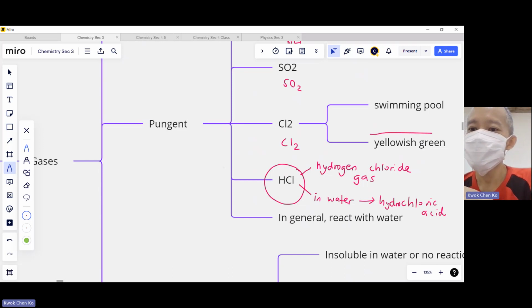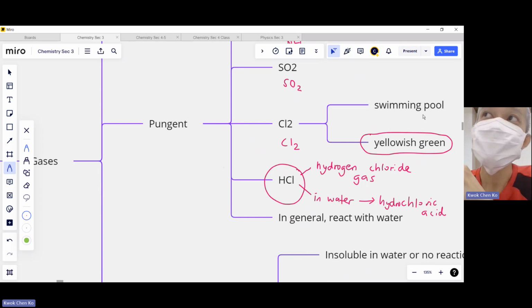Take note of the color for chlorine. Now, this is what it smells like: swimming pool, because they use chlorine in swimming pools.